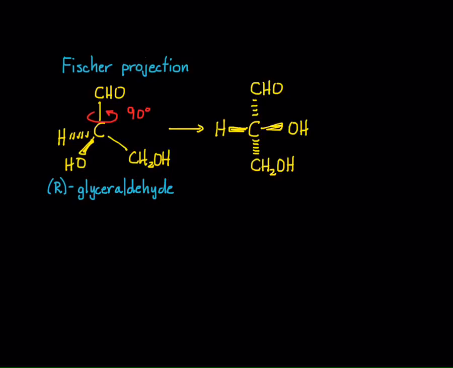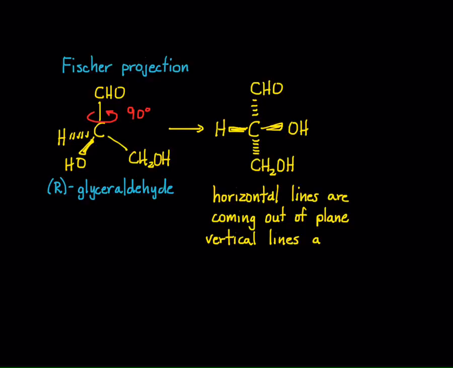Now the key is that the horizontal lines, the carbon-hydrogen and carbon-OH bonds, are coming out of the plane, and the vertical lines, the aldehyde to carbon to CH2OH, are actually going back. They're projecting backwards. To make this image simpler, we simply draw horizontal lines and vertical lines, just like this.